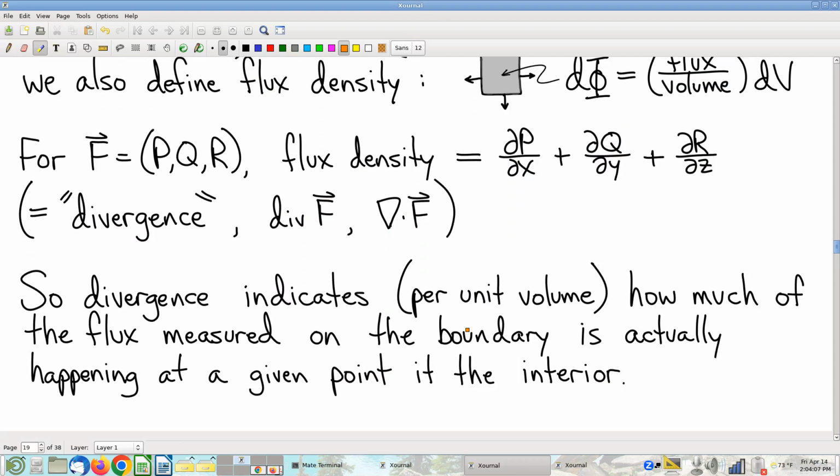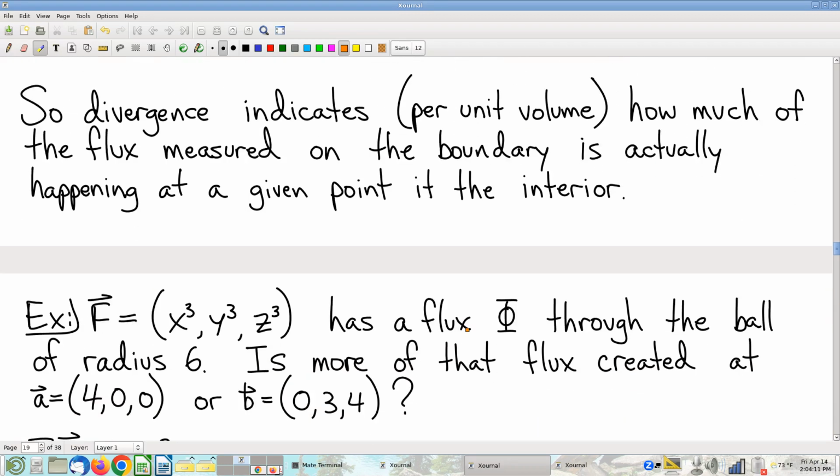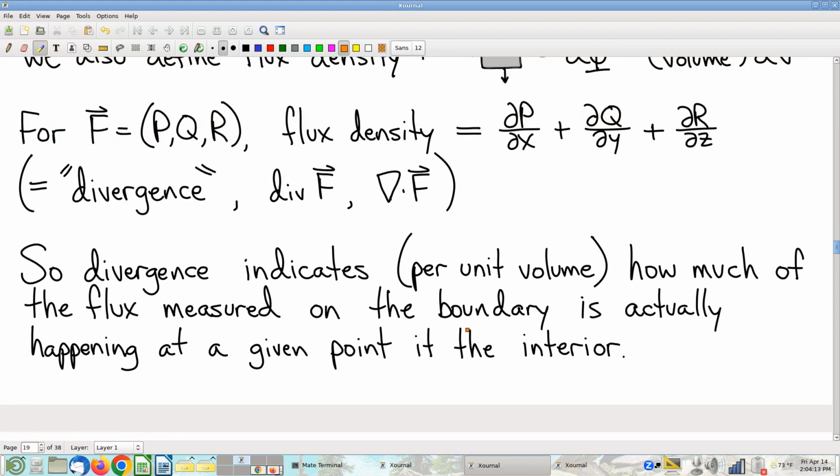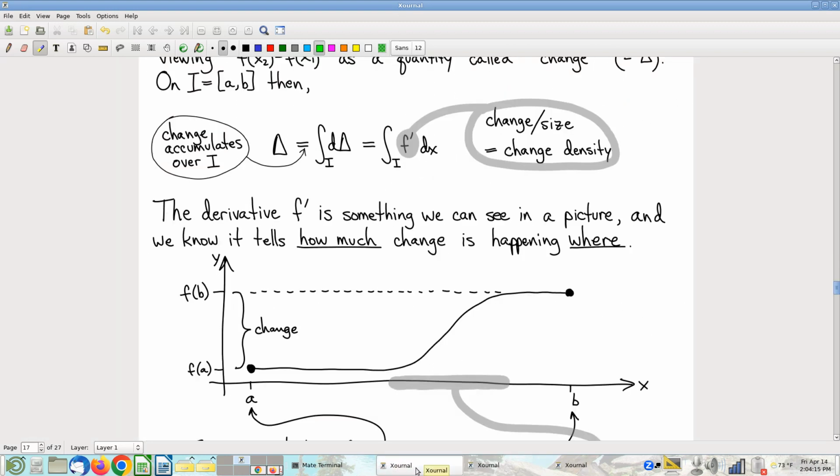All right. So now I want to remind you, let me go back to here. This is our chapter 6 notes, page 17 of our chapter 6 notes. I gave you all this point of view on the derivative.